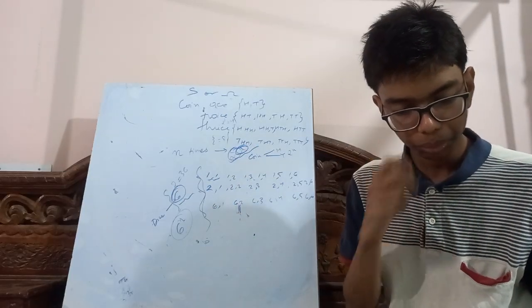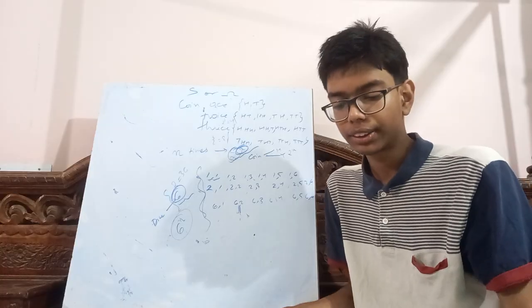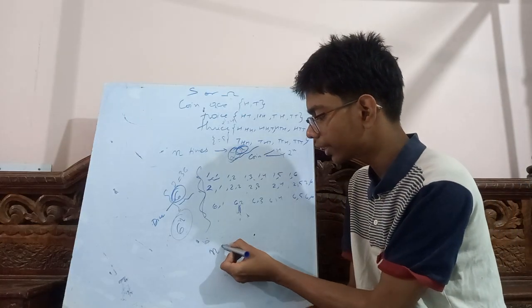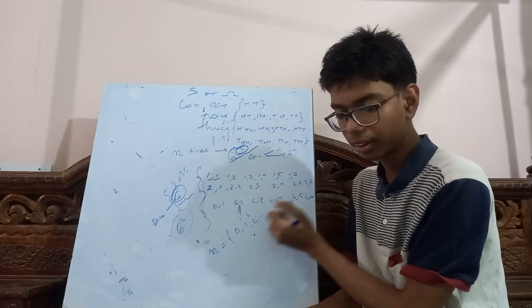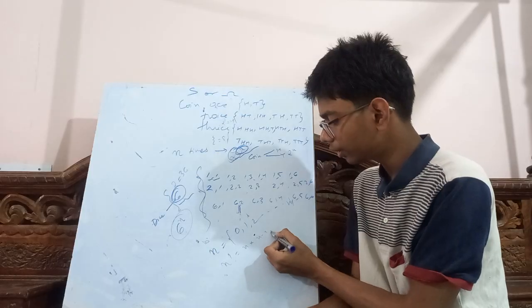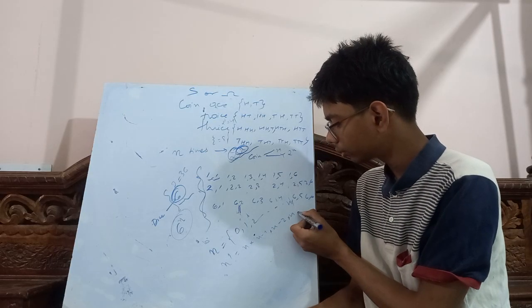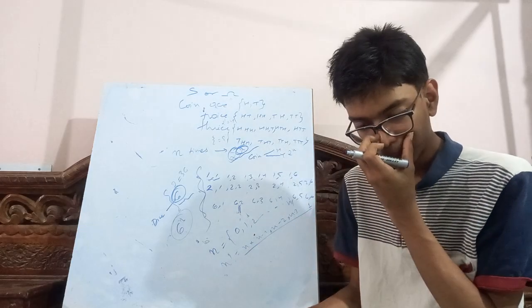Right. Now we will move to combination. So what is combination? Suppose I have the whole number set from 0 to n, right? So n factorial is n into n minus 1 into n minus 2 into n minus 3 up to 1, right?